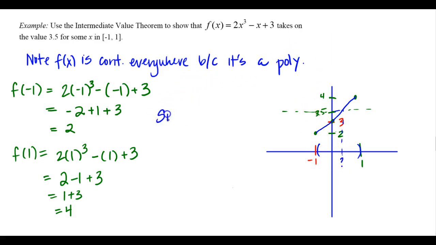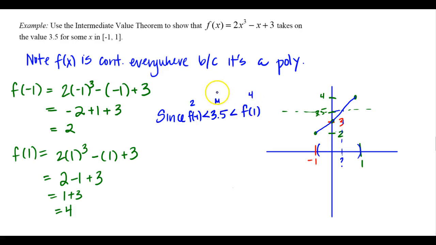So what we have to say is something like, since 3.5 is between, and I'm using some mathematical notation here, since 3.5 is between f of 1 and f of -1. So remember, f of -1 was 2, f of 1 was 4. 3.5 is between those two values. So 3.5 is my m.